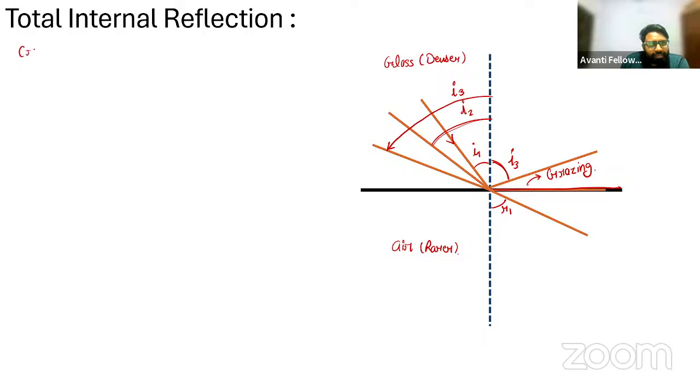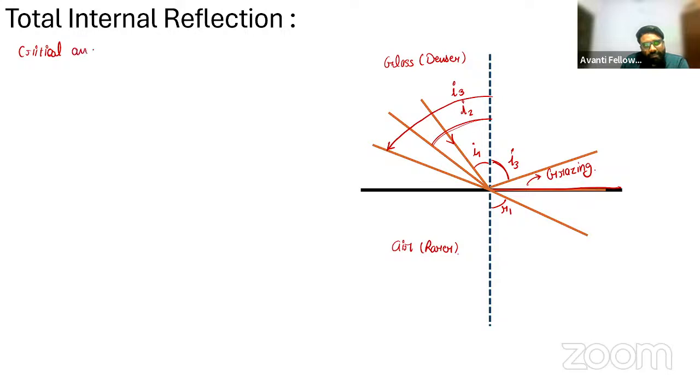The critical angle is the minimum value of the incident angle after which, if I increase it, the ray will not come out into the rarer medium. It will be totally reflected. That is why this phenomenon is termed total internal reflection.